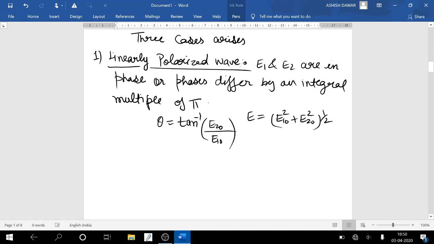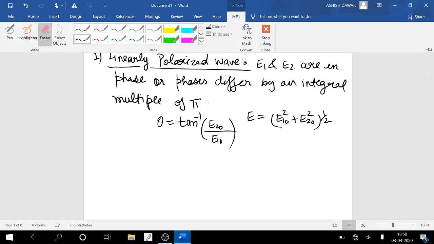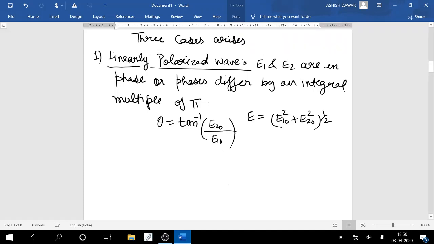And the electric field of a linearly polarized wave can be represented as the vector E, with angle theta from the direction of epsilon 1, with components E1 and E2 along epsilon 1 and epsilon 2.